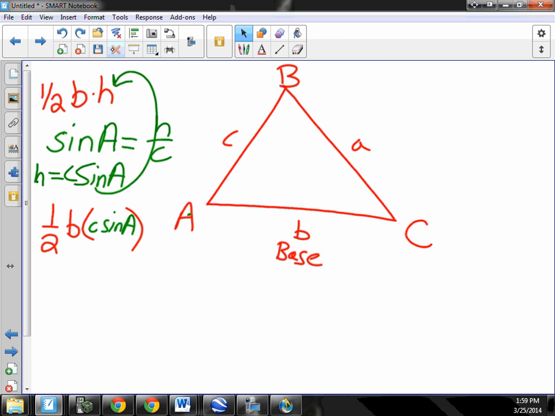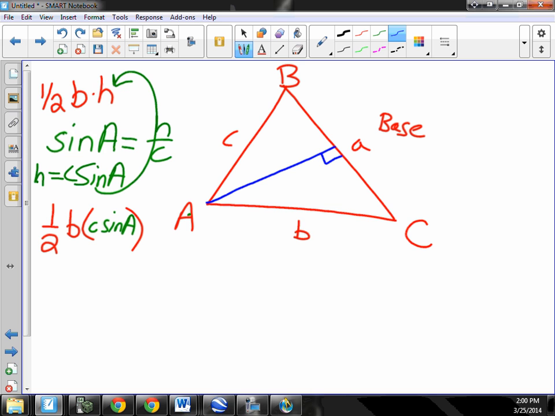Okay. So what if I moved my base up here to little a? Now my altitude is going to look like this. That's not a very good altitude.